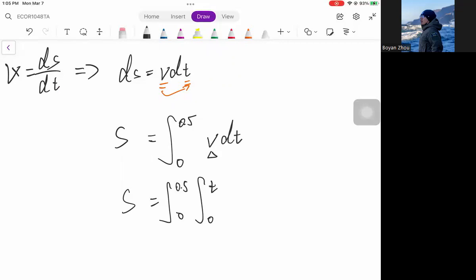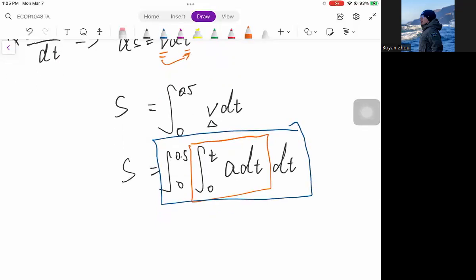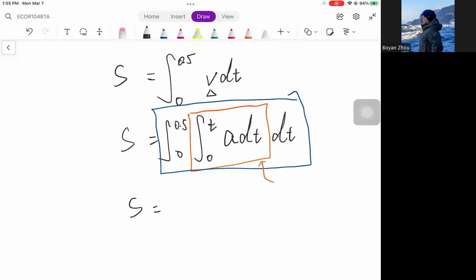Everything in the orange box is the equation we already solved in the first part, so I'm just going to copy it down from the top.